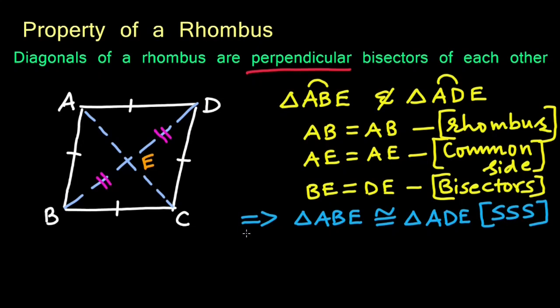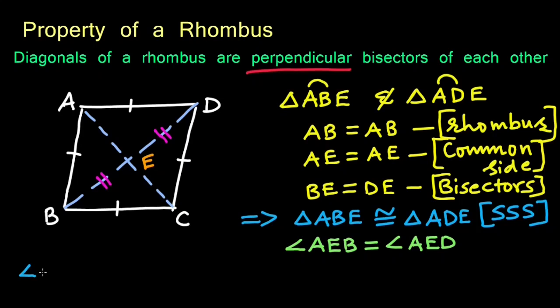Since corresponding angles of congruent triangles are equal, we can write angle AEB equals angle AED. But these two angles are also angles in a linear pair, so their sum will be 180 degrees.